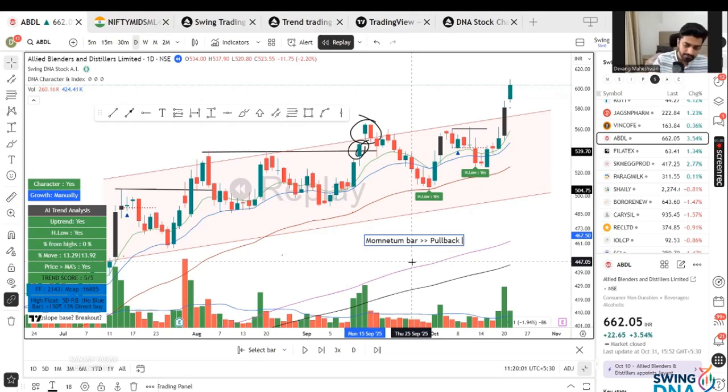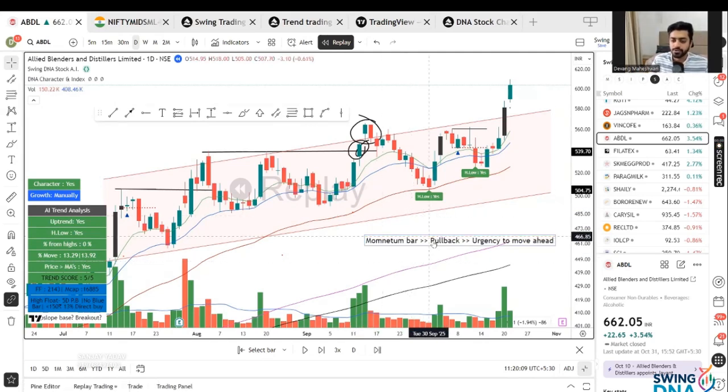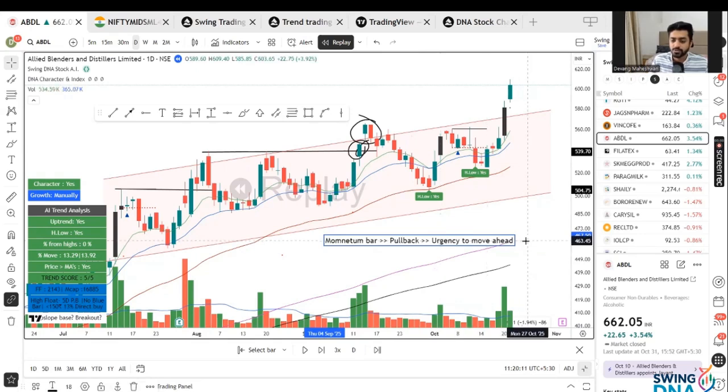In the pullback, we are then looking for urgency to move ahead. Okay, because that's what happens when some stock has to move big. It will correct and suddenly demand will come again. And that's what we want. We want the stock to prove itself up.